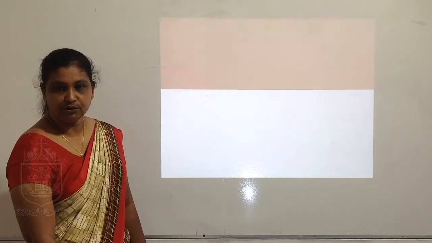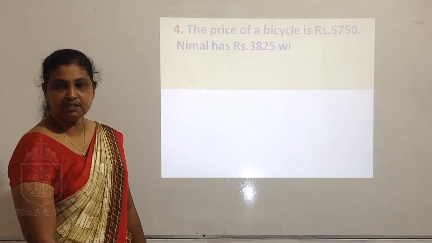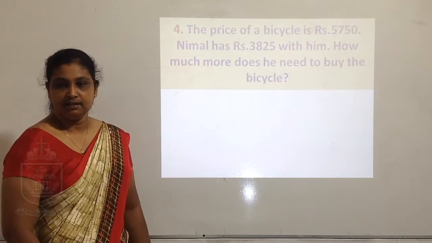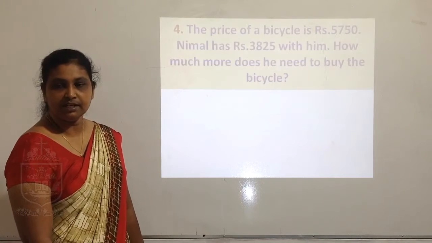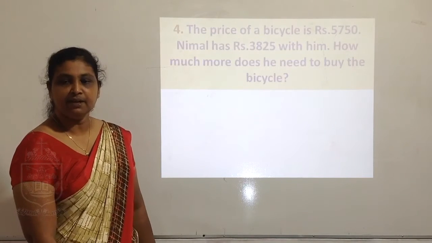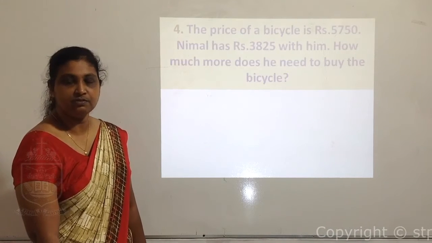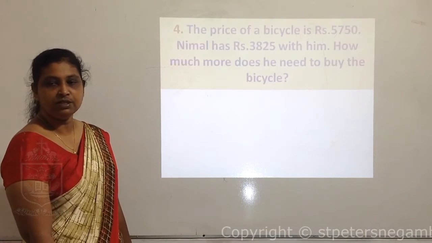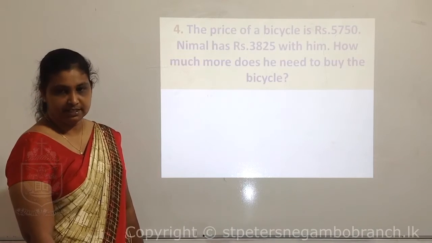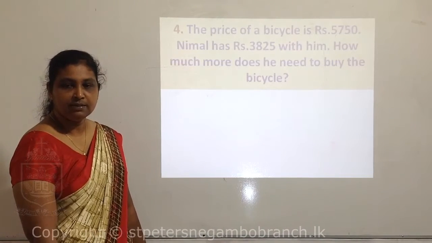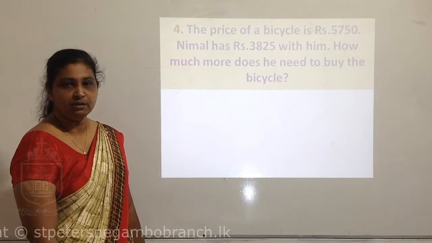Question number 4. The price of a bicycle is 5,750 rupees. Nimal has 3,825 rupees with him. How much more does he need to buy the bicycle? So the amount Nimal has is not enough to buy the bicycle.